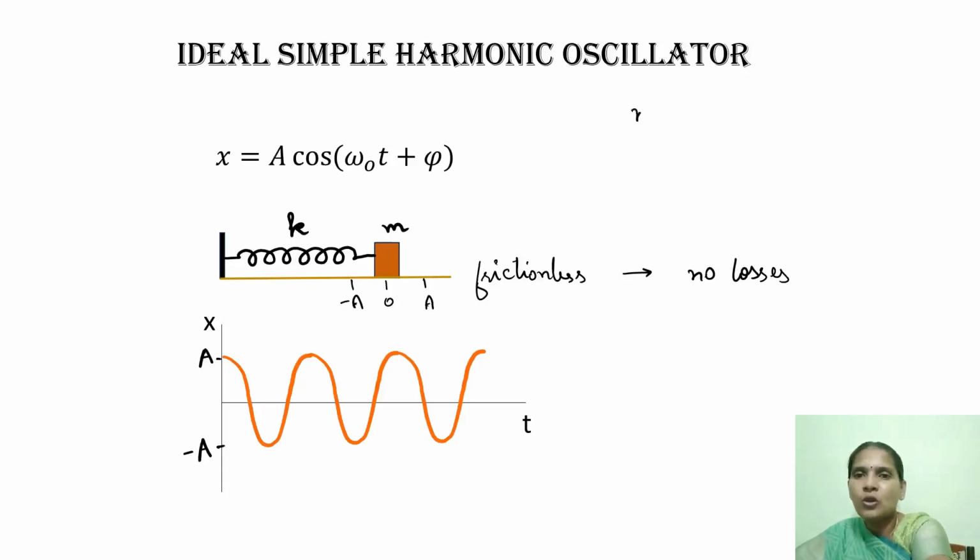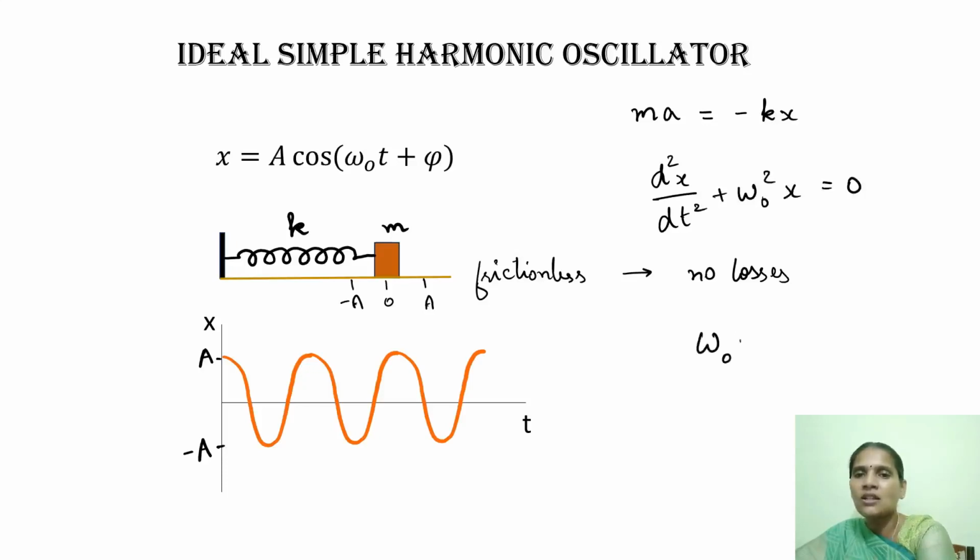The equation of motion of such a system is obtained by equating the inertial force to the spring restoring force. Inertial force is ma, the spring restoring force is kx. Both are directed opposite, hence the minus sign. From this, we obtain the equation of motion d square x by dt square plus omega naught square x equal to 0.